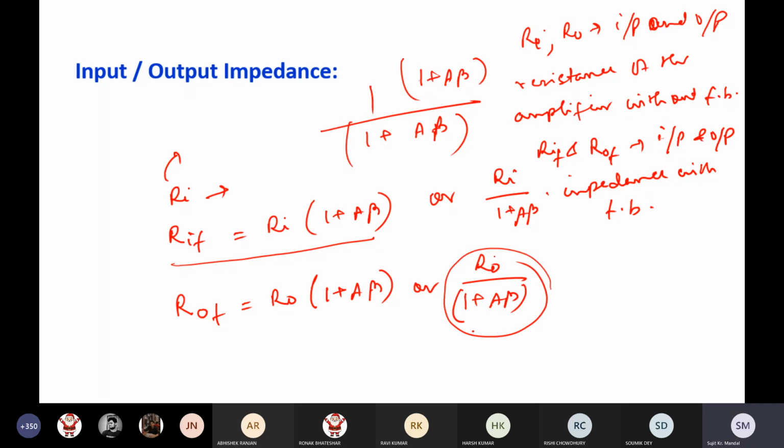So we'll see the feedback topologies, whether it is configured in series or shunt in the input or output. Accordingly, its input or output impedance will be increased or decreased. Are you getting this? In that way the negative feedback is helpful to control the input output impedance as per our requirement of the feedback amplifier.